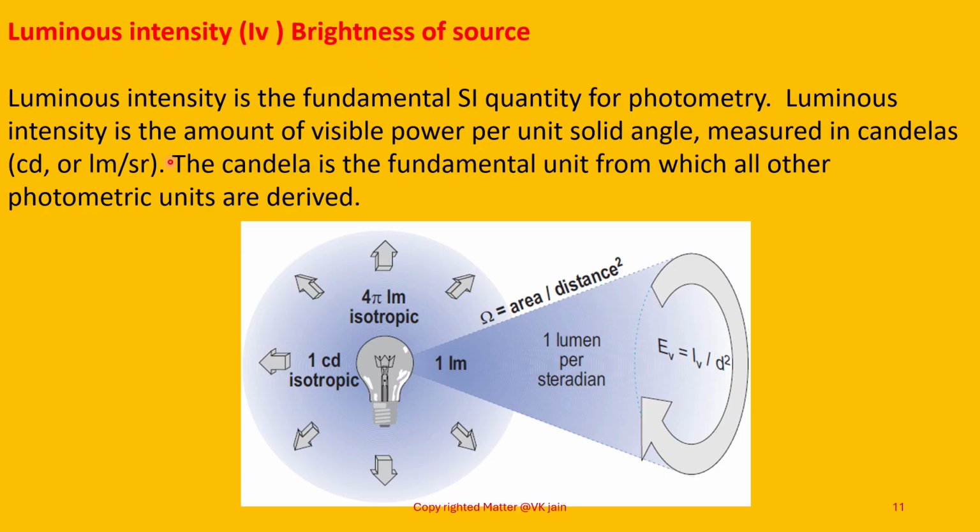The candela is the fundamental unit from which all other photometric units are derived. So you can see this goes on in one unit solid angle, the source as seen from a distance gives you luminous intensity, and shows the luminous intensity on the surface of this source.